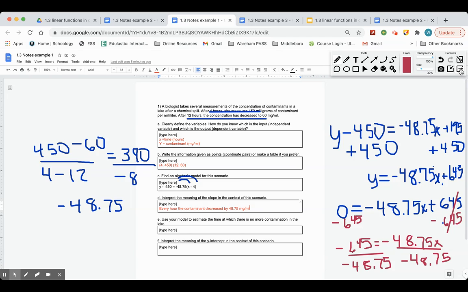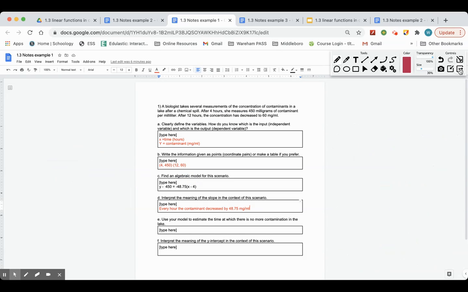So I'm going to actually clear all this now. And so the equation that I had used gave me about 13.